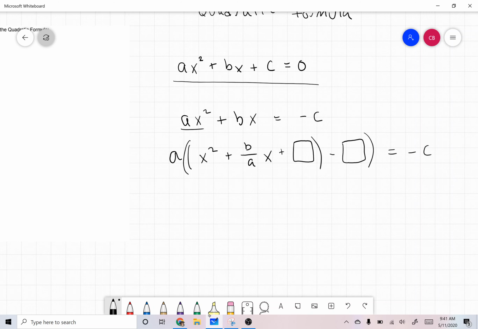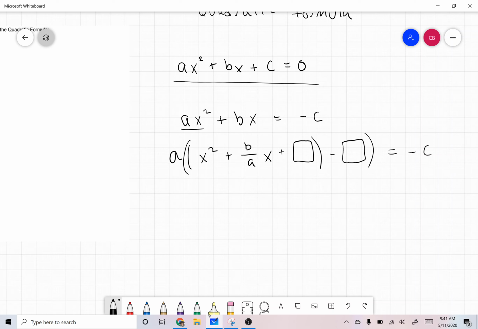If you're confused as to why we have b over a, just distribute the a back to the x squared and the b over a, and you'll see that you get back the original. If you don't factor it out of the b, then you will have a term of a squared, and you'll have ab as your abx instead of just bx.